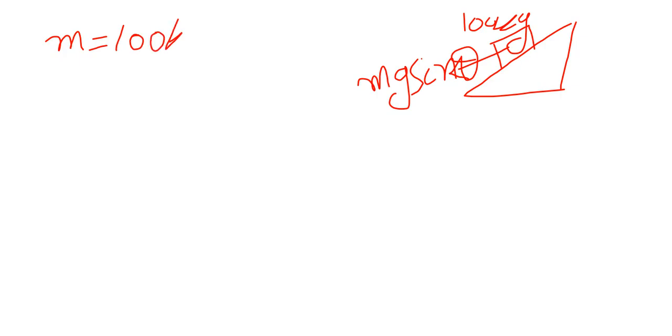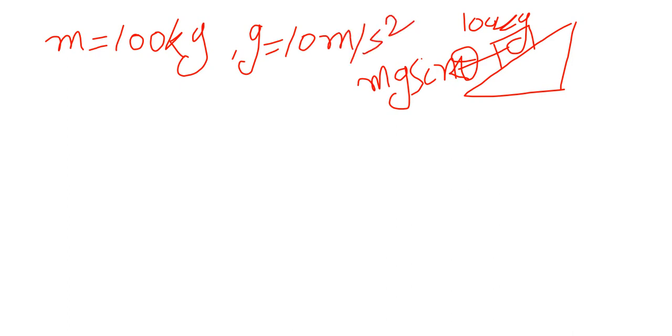They have given the value of g as 10 meter per second square. So the component parallel to the slope, this is the slope, this component is parallel to the slope, that is mg sin theta.